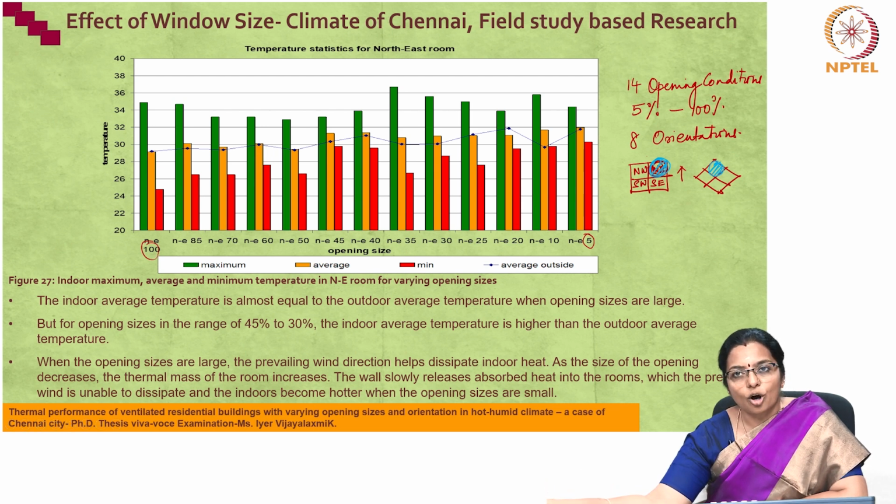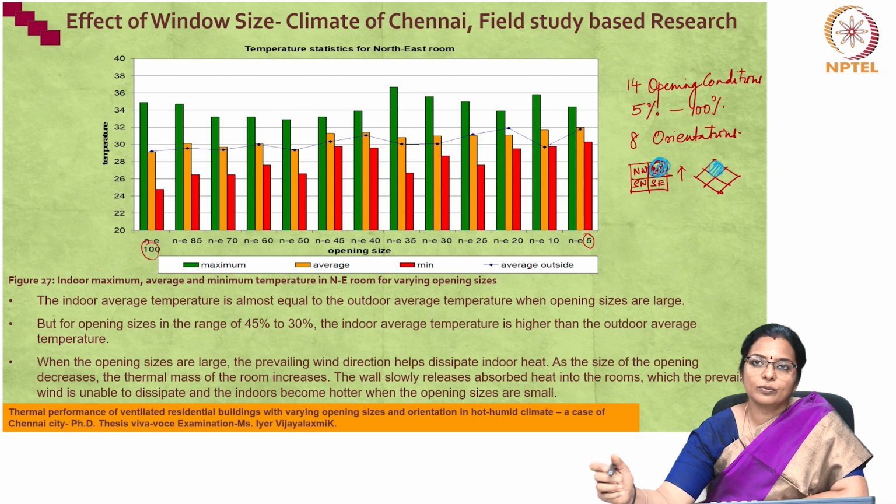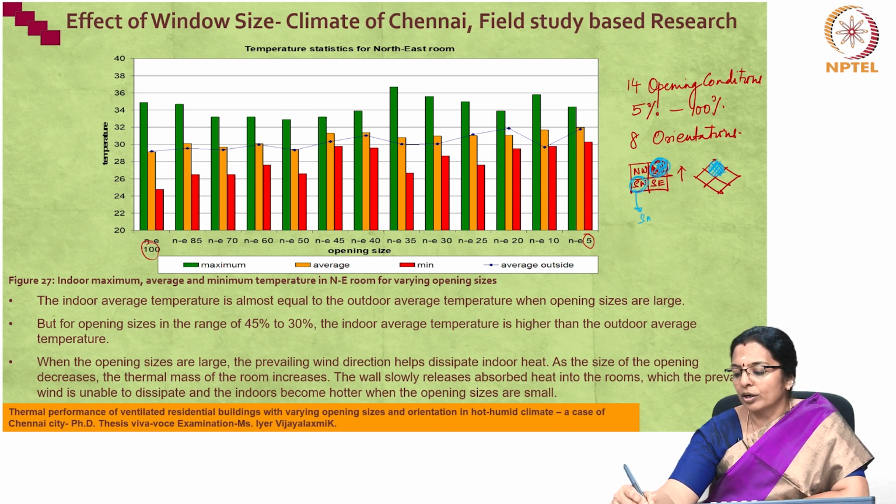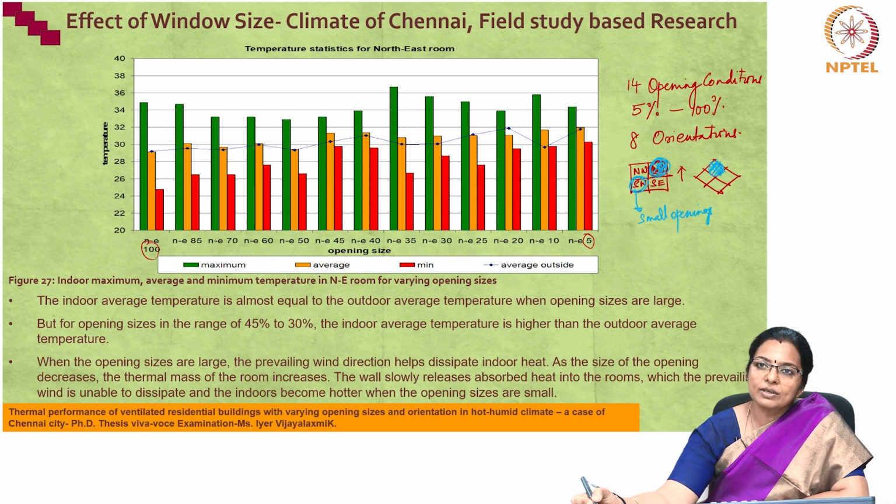The southwest rooms are most comfortable for small opening sizes. This room is most comfortable for smaller or mid-size openings. The northwest room is most comfortable of all the rooms when the opening sizes are small.